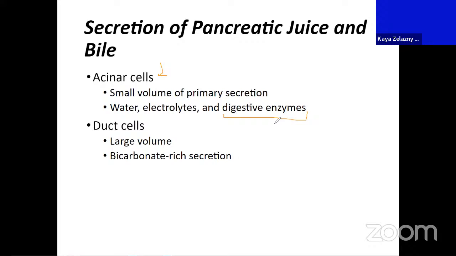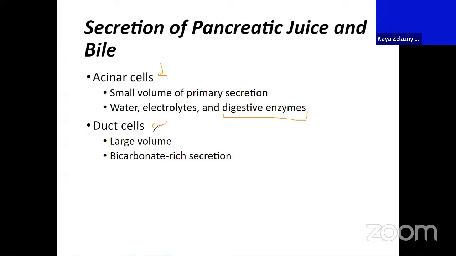The enzymes, as they're being made by the acinar cells, don't come in a huge volume, right? This is not a very liquidy fluid when we're thinking about the secretions of the acinar cells, although we do have a little bit of water and electrolytes in there. What makes up a large volume of the pancreatic juice is what's coming out of our duct cells. The duct cells are making a lot of fluid with bicarbonate in it.